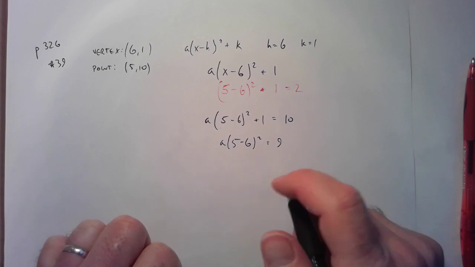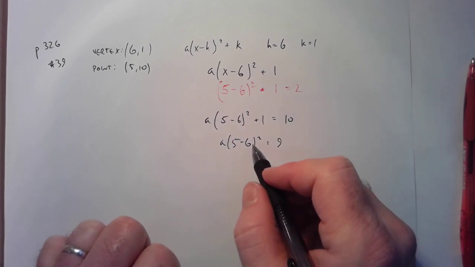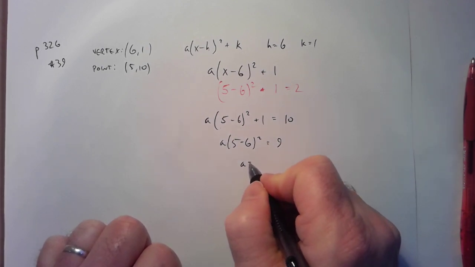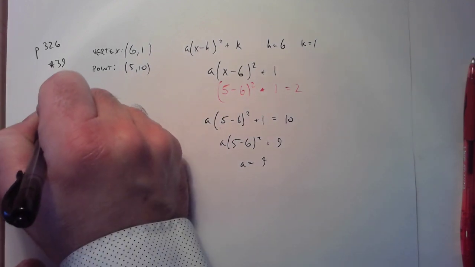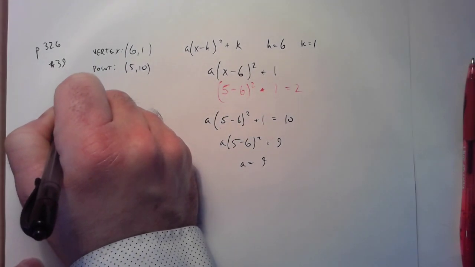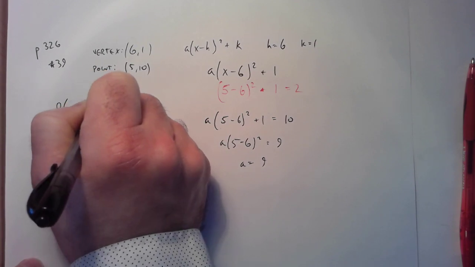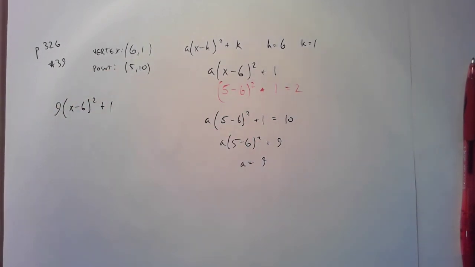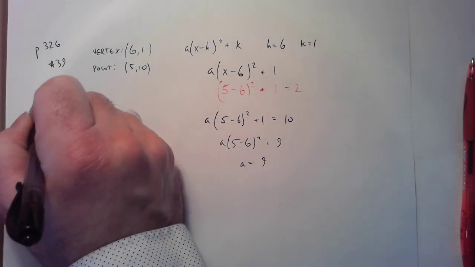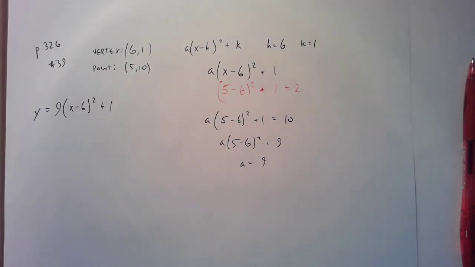That's what we're looking for. 5 minus 6 is negative 1 squared, so the only value that works is 9. So that means the equation 9 of x minus 6 squared plus 1 has that vertex and goes through that point. I guess I should write y equals. All right, so there's the equation.